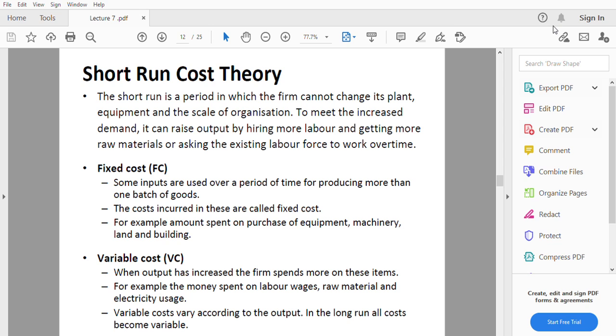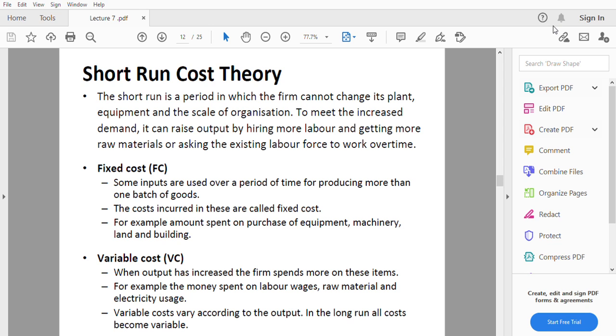You can also employ more labor, so that there will be more hands on deck to produce more. The money spent on labor, raw materials, electricity usage, and all other variable inputs is called the variable cost. So basically, the variable costs vary according to the output.